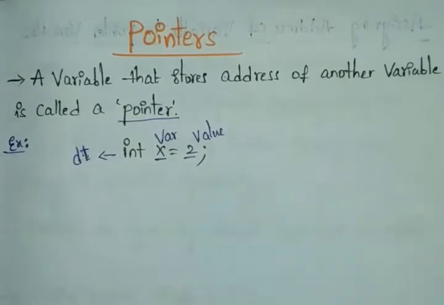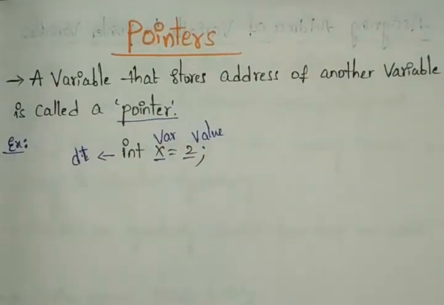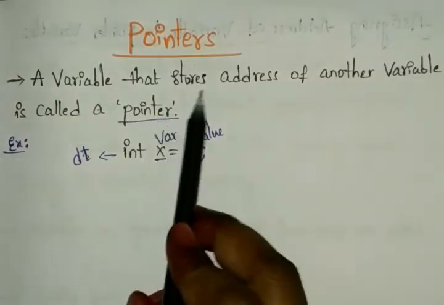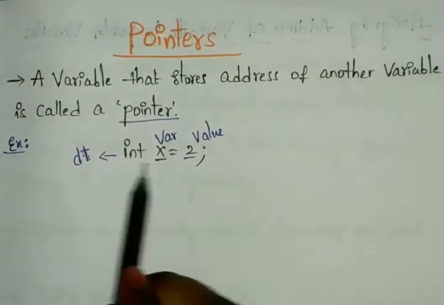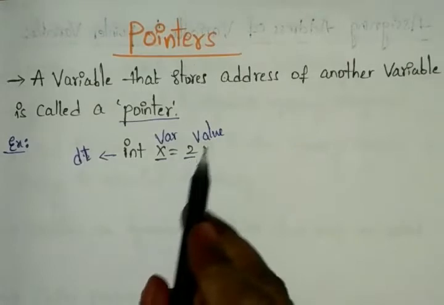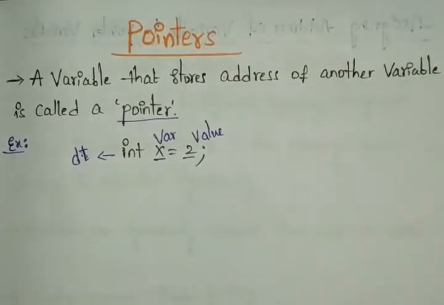Here I am writing dt, meaning data type. So x will have the value 2. But a variable should also have an address, and here we don't have any address. We just have the value for that variable.